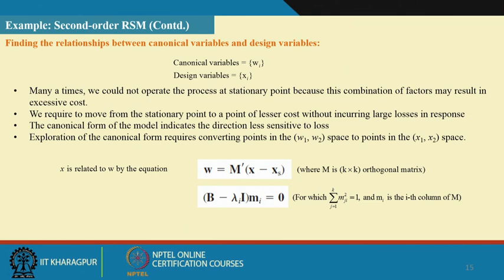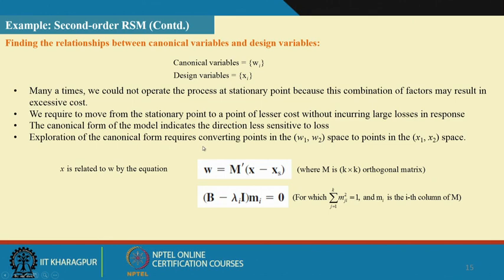Many a time we cannot operate the process at the stationary point because this combination of factors may result in excessive cost. We require to move from the stationary point to a point of lesser cost without incurring large losses in response. The canonical form of the model indicates the direction of less sensitivity to loss.